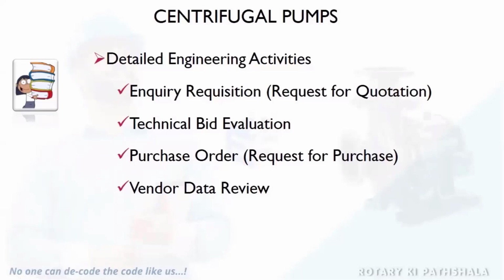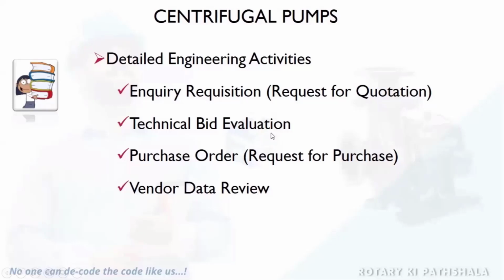So it is our responsibility as a rotary equipment engineer to check the vendor offer with respect to the inquiry requisition. The documents you prepare during the inquiry requisition are the mechanical data sheet and specification. Based on that, you review the vendor offer and prepare a technical bid evaluation. Basically, you are doing a comparative assessment to know which vendor is the best.